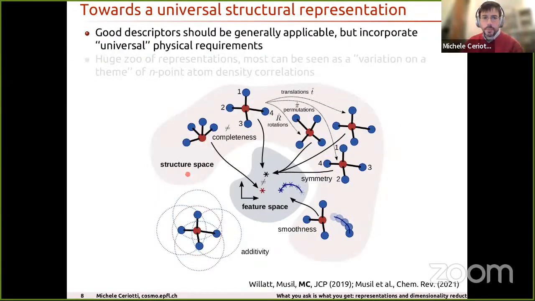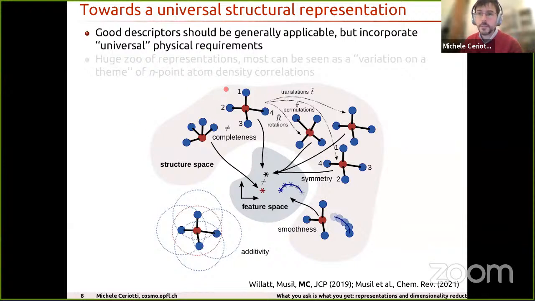So, in fact, there are some requirements that you can quite safely enforce onto a representation without really affecting the generality or the flexibility of it. And these are requirements that are essentially dictated by basic physical tenets.